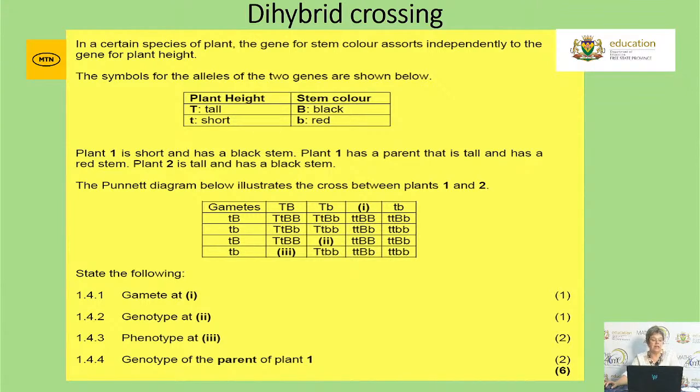So read very carefully what they are asking in a dihybrid crossing. You don't have to be able to do a dihybrid crossing, but I can give you a dihybrid crossing like in this example, and I can ask you to write down the gametes of 1 or write down the genotype of 2, etc. So read carefully what they ask in a dihybrid crossing.